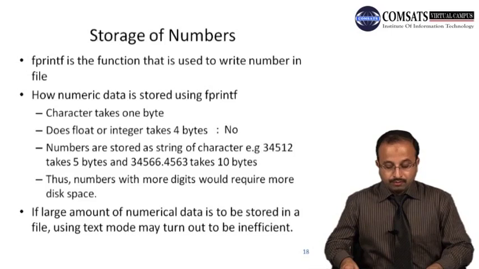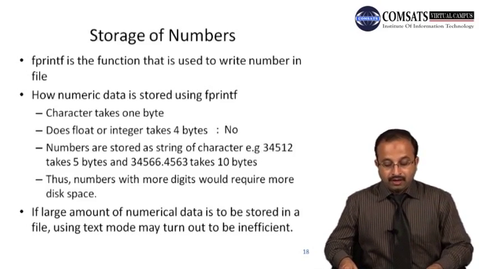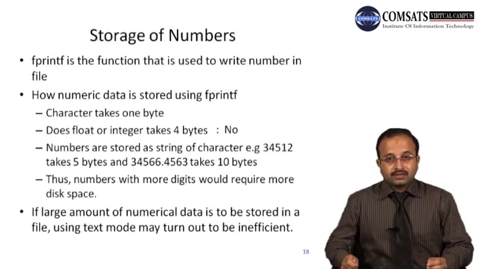So if a large amount of numeric data is to be stored in a file, then using text mode may turn out to be inefficient. Why? Because if you have to store a lot of numeric data, then use a binary file, because in text mode every digit in that number is converted, it will take 1 byte of hard disk memory. Okay.